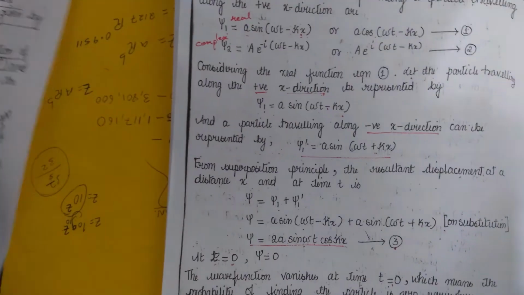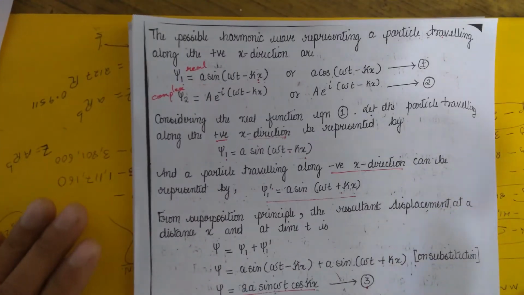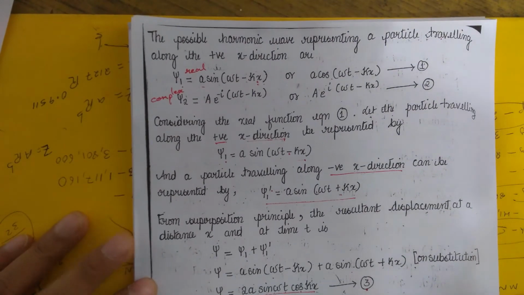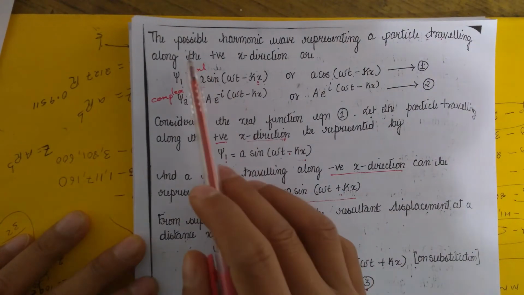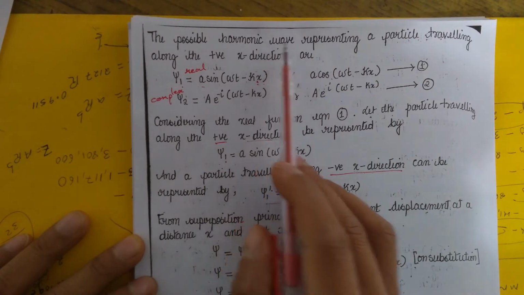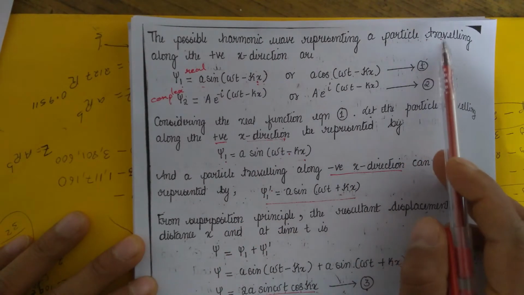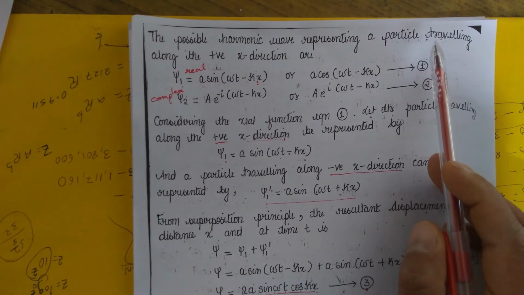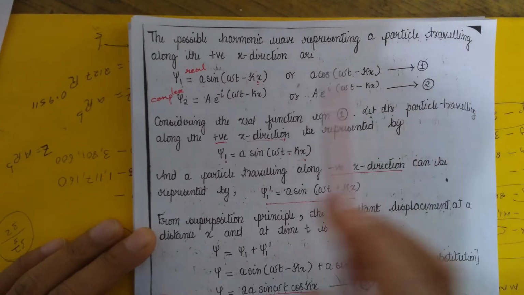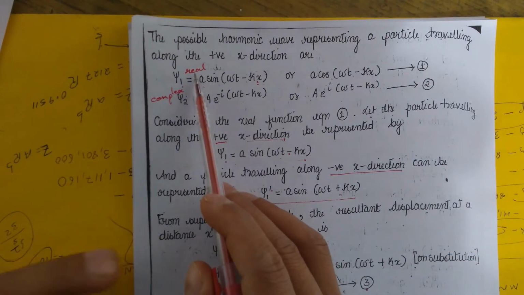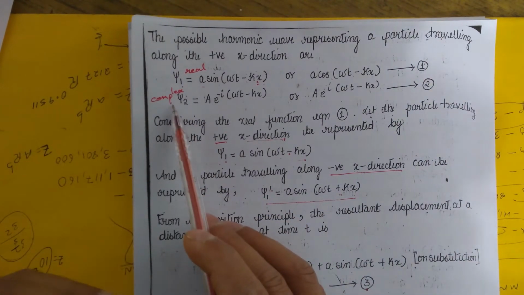As we are considering the particle in terms of a wave, we will consider it as a harmonic wave, and the particle is also traveling. When we talk about a traveling harmonic wave, we have two types of function: the real harmonic wave and the complex harmonic wave.